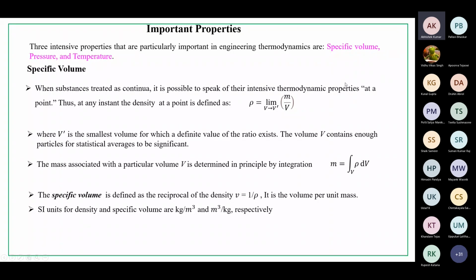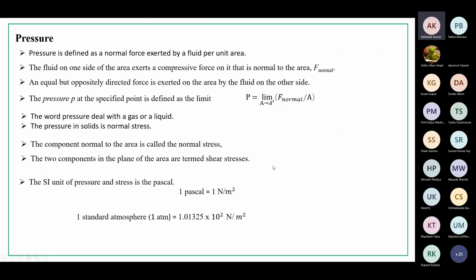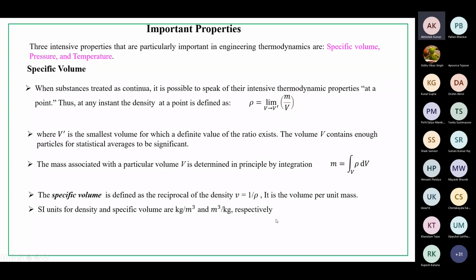We have elaborated on this very well here, as you can see. Otherwise, it is the reciprocal of density. Density means mass by volume, so specific volume is the reciprocal of density.